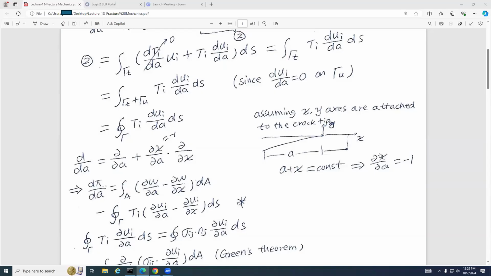There is no traction, but also the displacement does not change with A. As a result, Ti equals 0 and this equals 0, because ui is independent of A. So this is 0, this is 0. Then gamma t plus gamma u is the whole enclosed path.